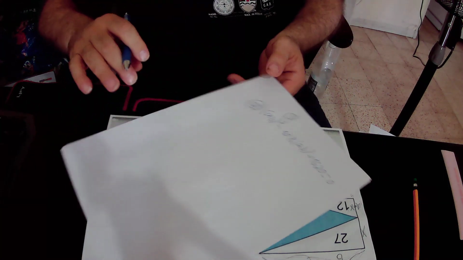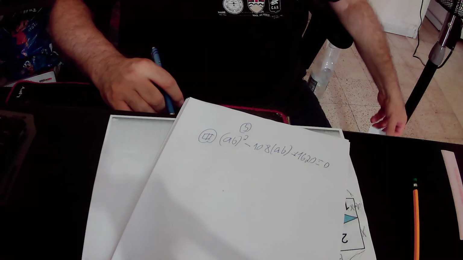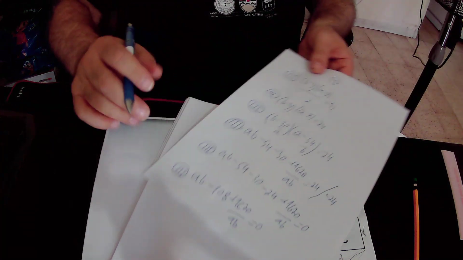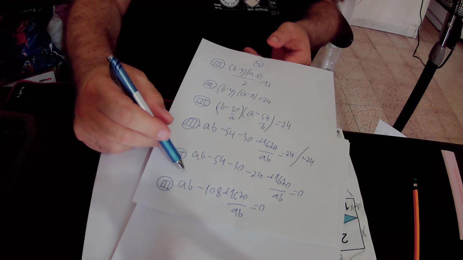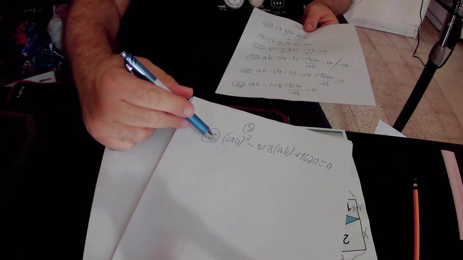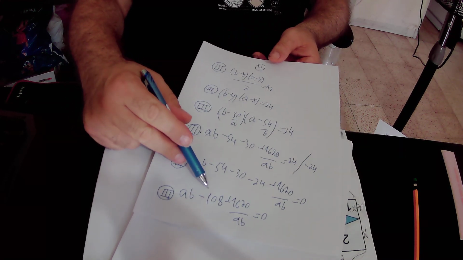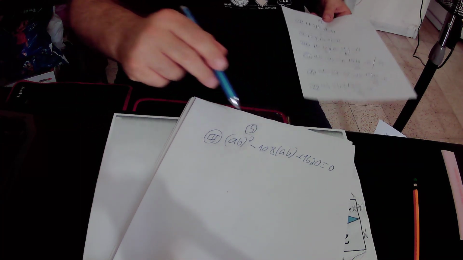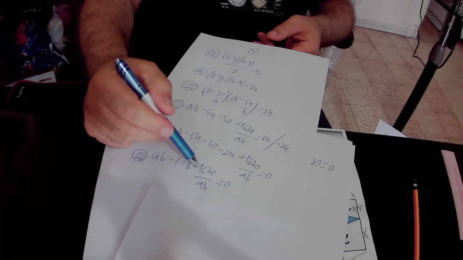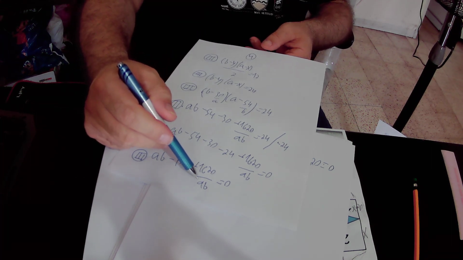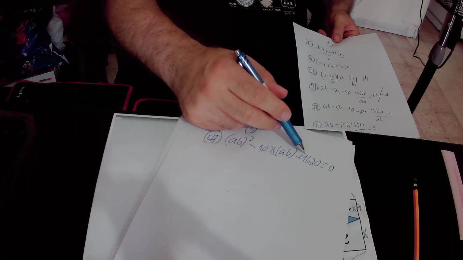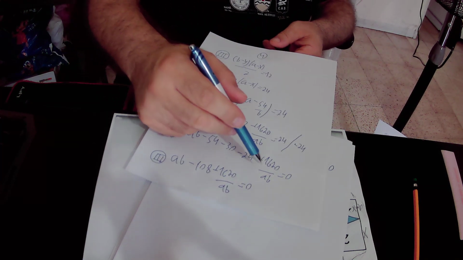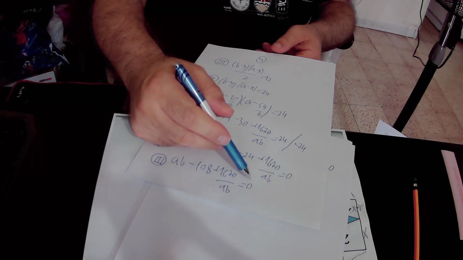We multiplied both sides of the equation by ab, so ab times ab is ab squared, and negative 108 times ab is negative 108 ab, and 1620 over ab times ab equals 1620, and 0 times ab equals 0.